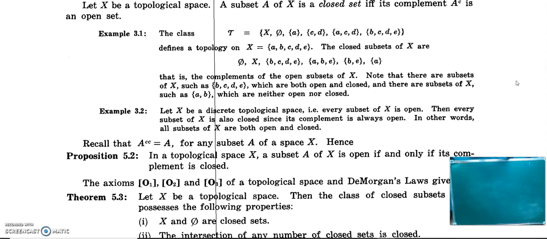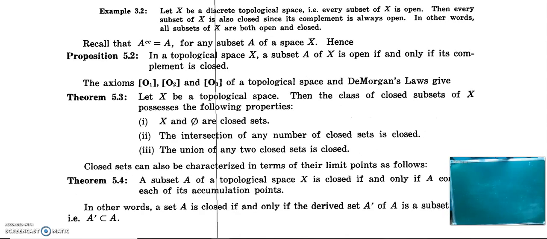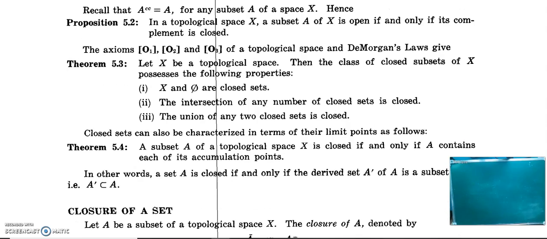In proposition 5.2, we have, in a topological space X, a subset A of X is open if and only if its complement is closed.